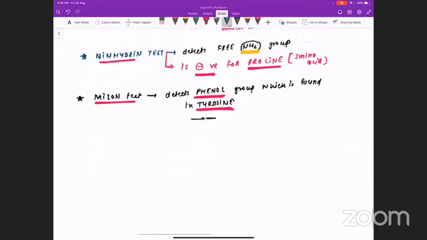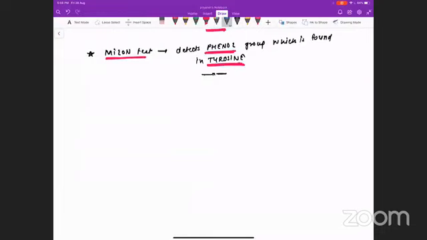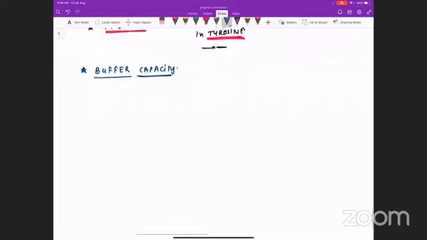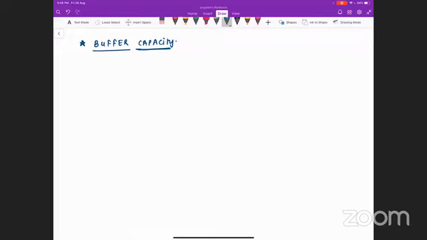The next definition that we need to discuss is the concept of buffer capacity. To understand buffer capacity, let's say there is a solution.